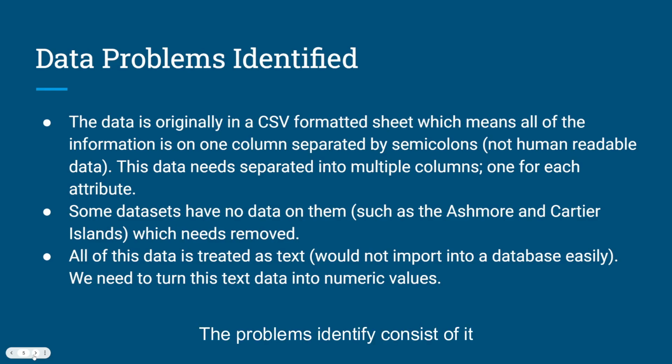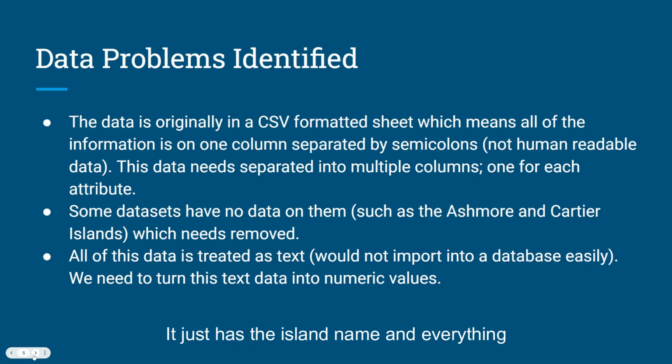The problems identified consist of it originally being in a CSV formatted sheet. This means that, like I said before, all the information is in one column when it actually needs to be separated into 46 different columns, one for each attribute. Some of the data sets, such as the island listed there, do not have any data in them at all.